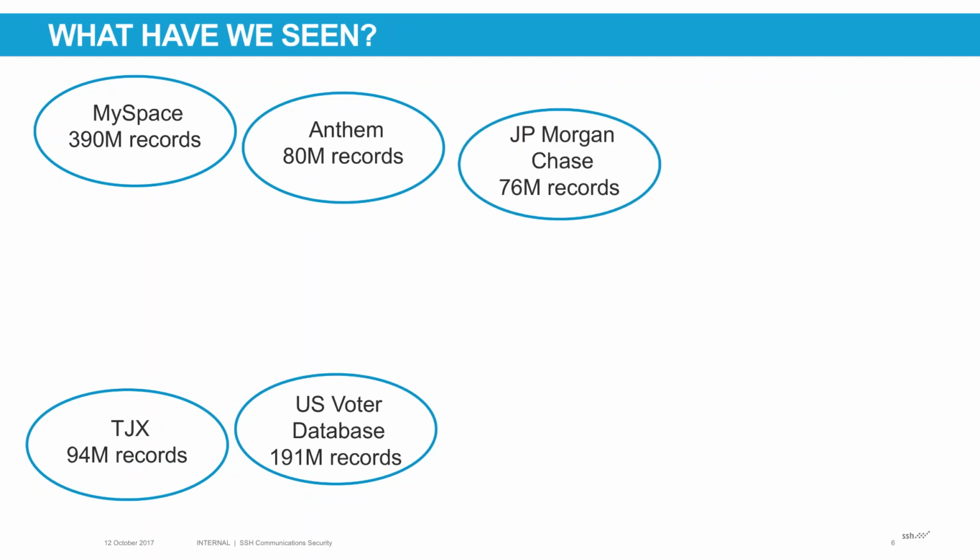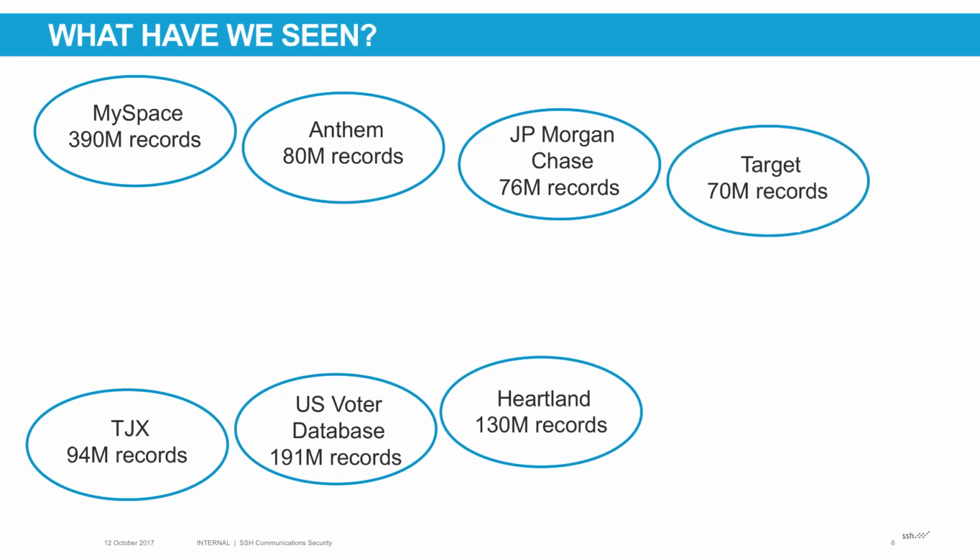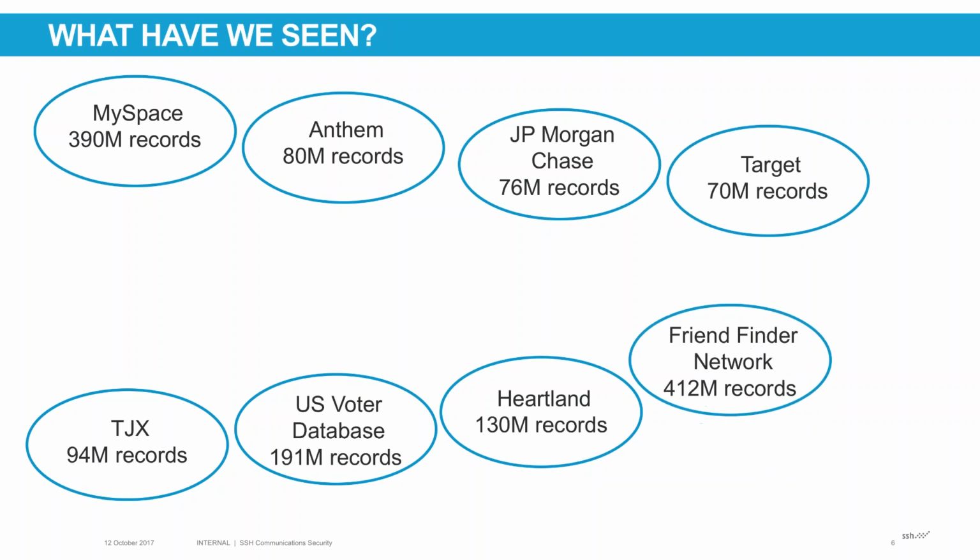I mean, we're talking big, crazy numbers here. Heartland, 130 million records. Target had its famous 70 million records. Friend Finder Network, 412 million records. Some people had a lot of explaining to do. And then Yahoo is 500 million records. So the numbers are scary, but they're real.